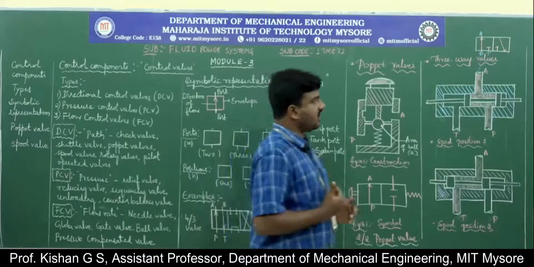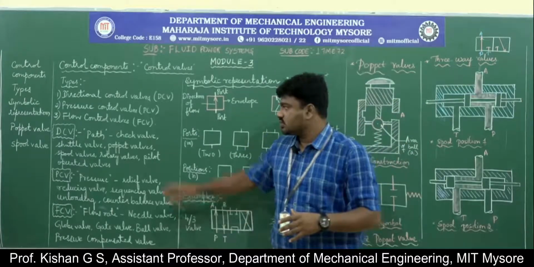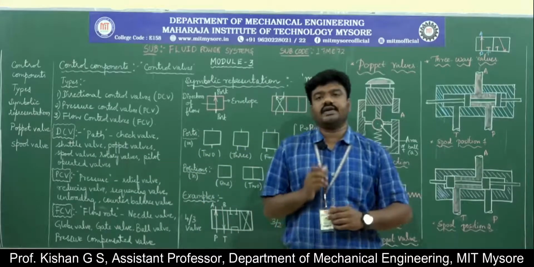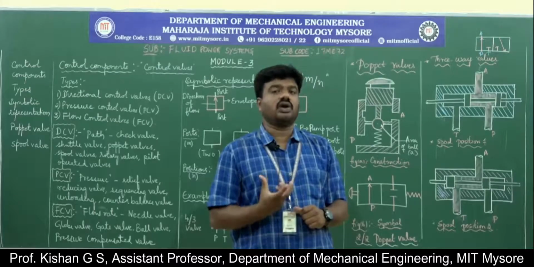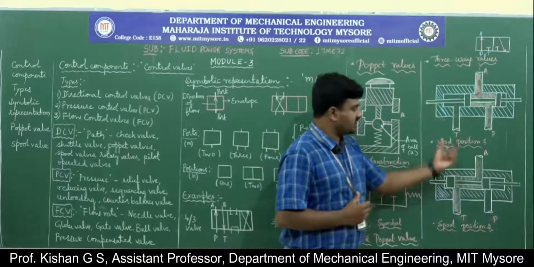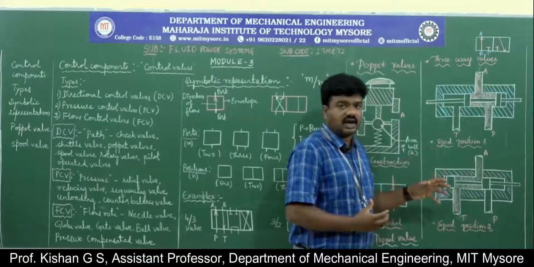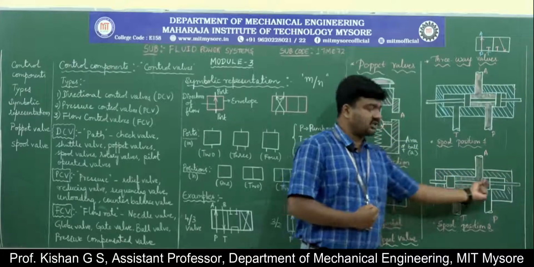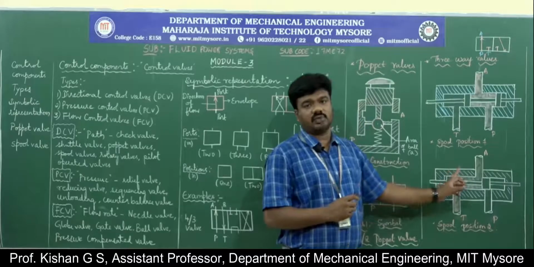Now let us understand the construction of the three-way valve. Three-way valves are nothing but spool type of valves. In the direction control valve, it is nothing but a spool type of valve. Here we have to understand what a spool is. A spool is the component present inside the valve body, consisting of a shaft with extended projections equal to the diameter of the passage given in the valve body.